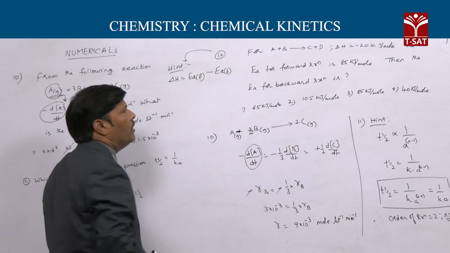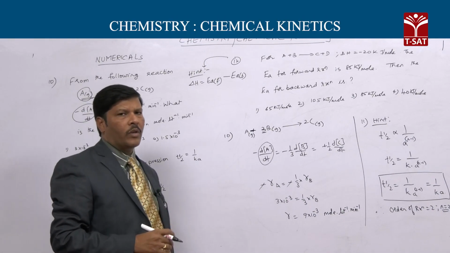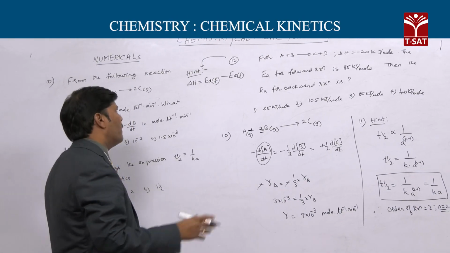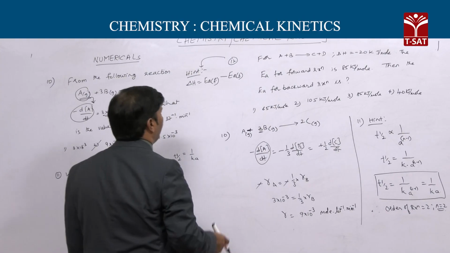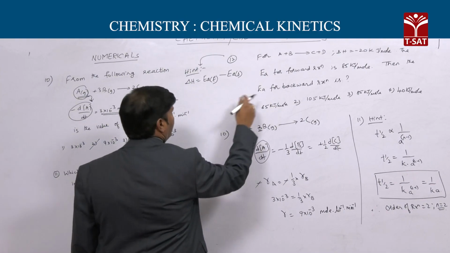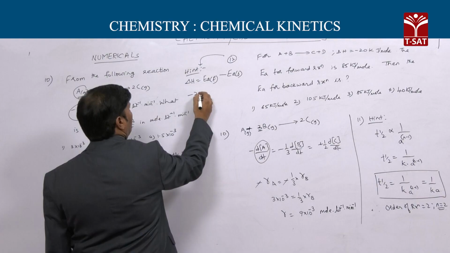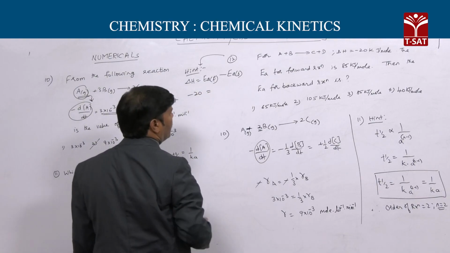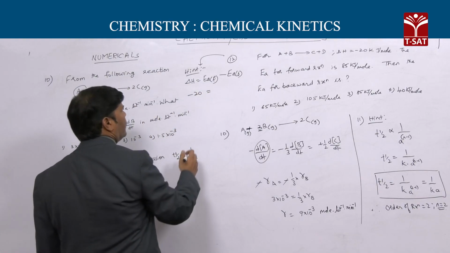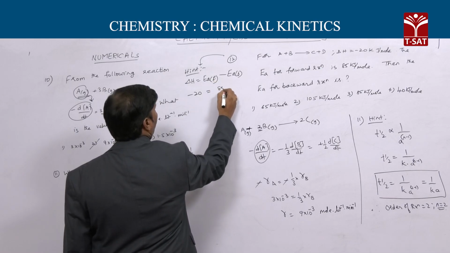This is the common formula we use without drawing the energy level diagrams. So let us directly apply it. The enthalpy change is minus 20 kilojoules, and we are asked to calculate the energy of the backward reaction. The energy of the forward reaction is already 85.